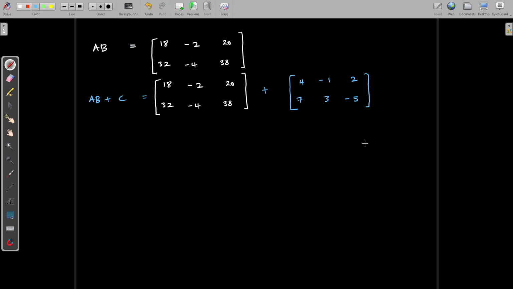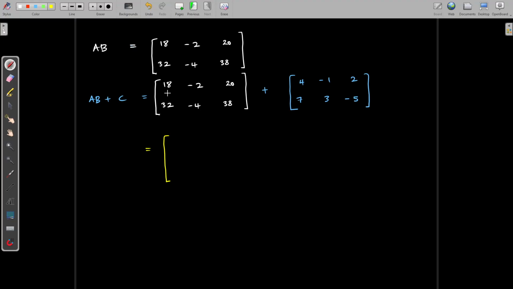And how do we add two matrices? We add the corresponding elements.